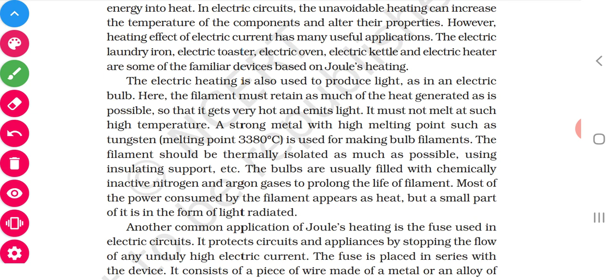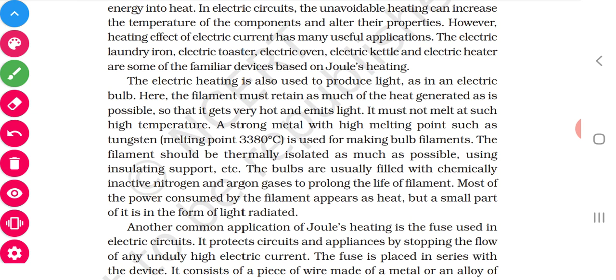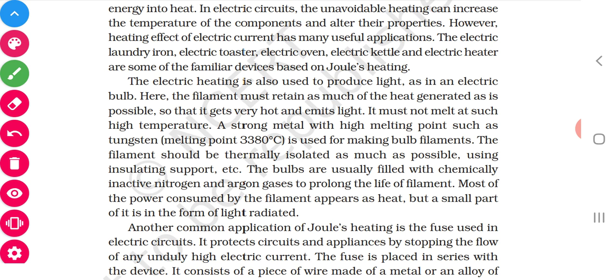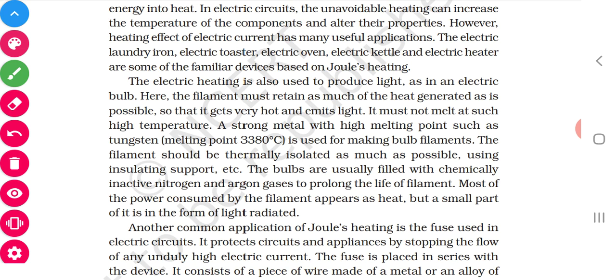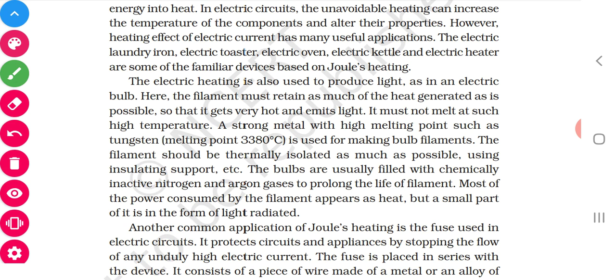So it will not conduct the current, it will just convert it into heat. When current is passed, it dissipates everything in the form of heat, and we are getting light.